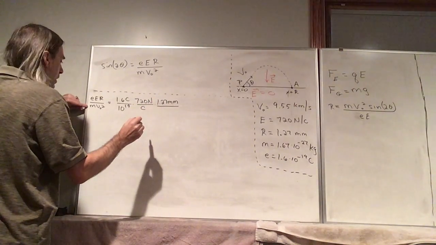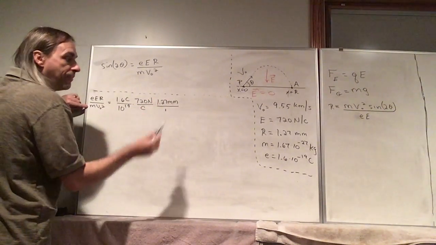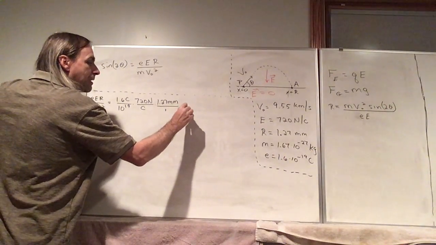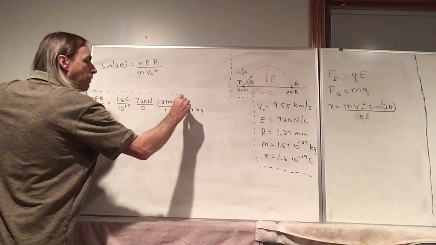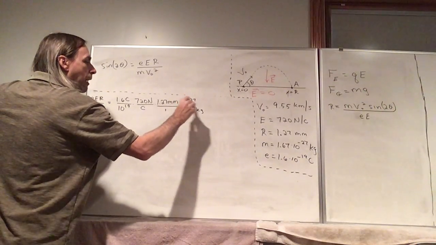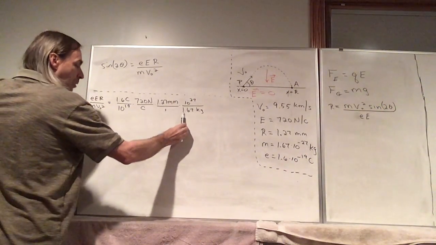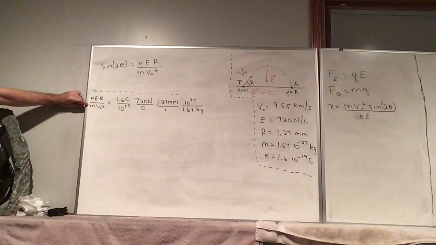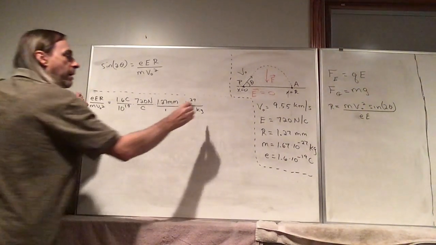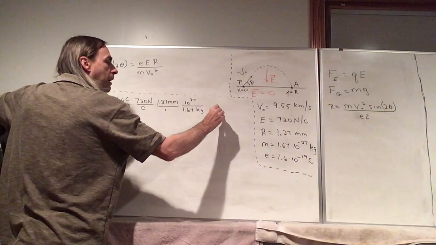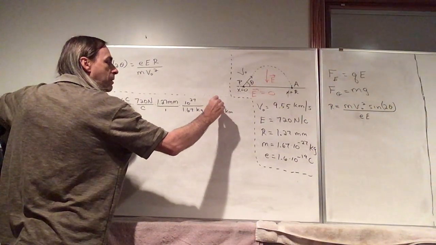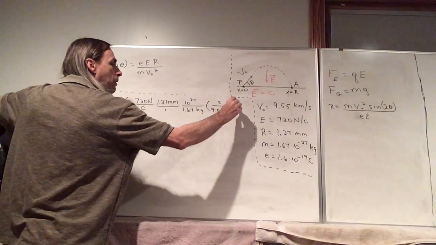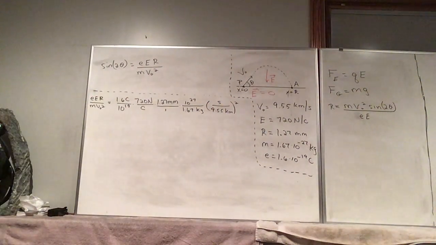And let's divide by, because of mass, we have 1.67 over 10 to the 27th kilograms. And now we have 9.55 kilometers per second squared. Now, out of room here, it's actually not as bad as it looks, though.